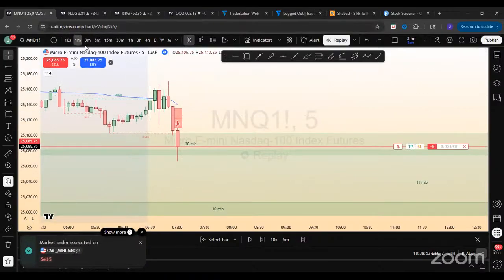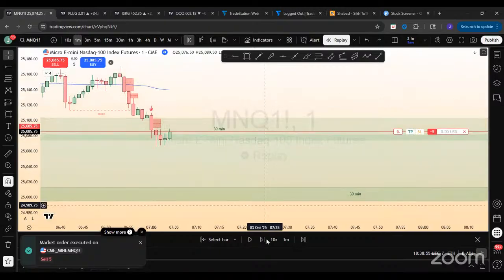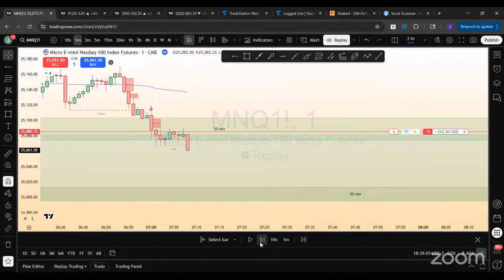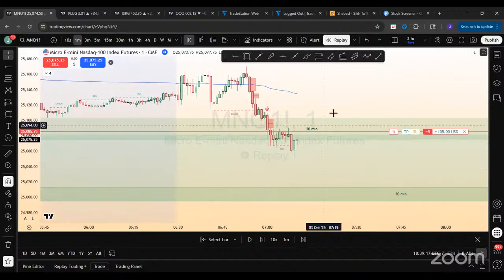If I go back to 1 minute, this would have given me right there 242. So about 300, the low of this wick. But yeah, you could have easily collected 200 to 300.